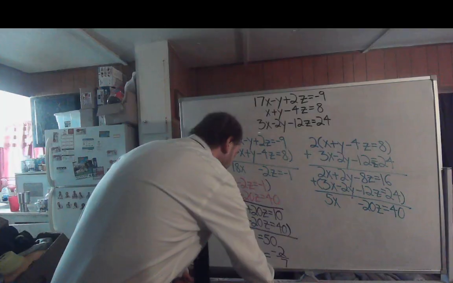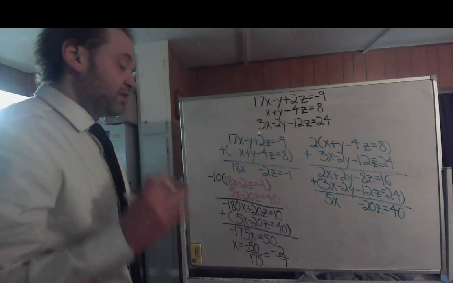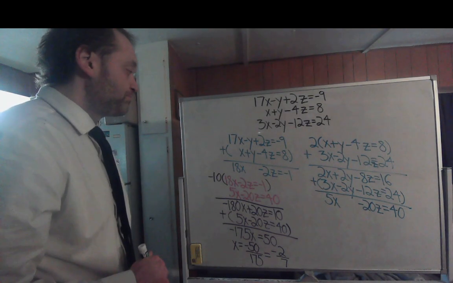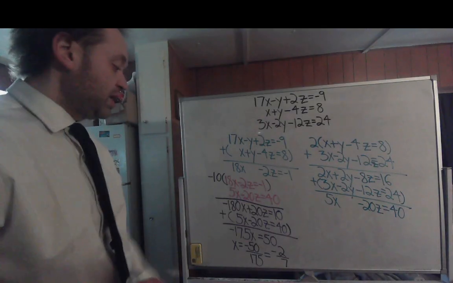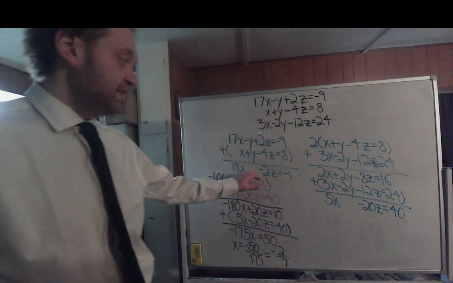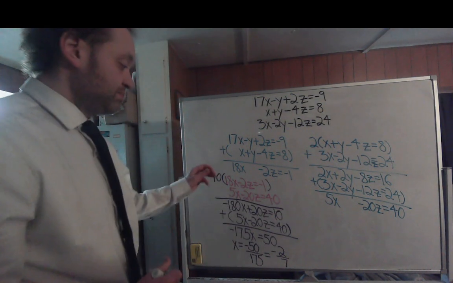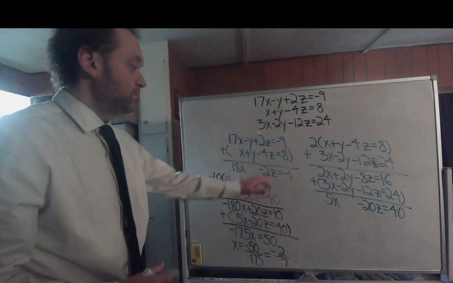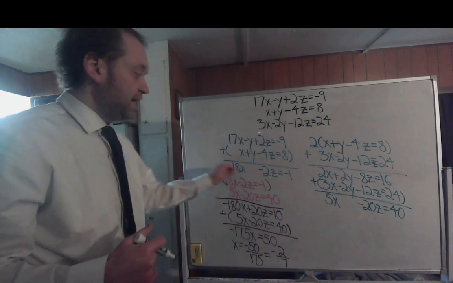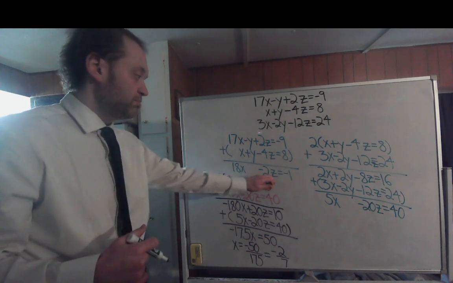Now, since we found our x value, we can take it, put it into either of the two equations we got with just x and z, and solve for z. So let's deal with 18x minus 2z.